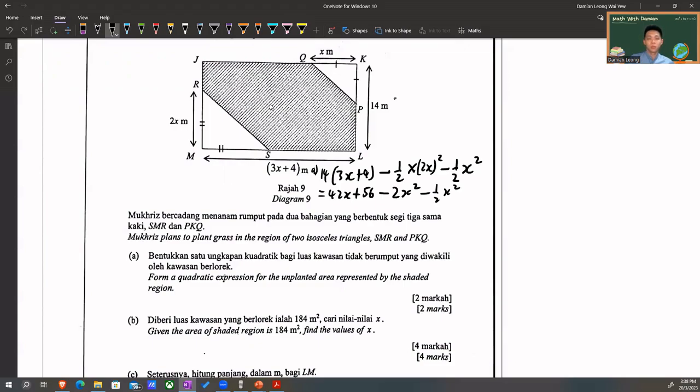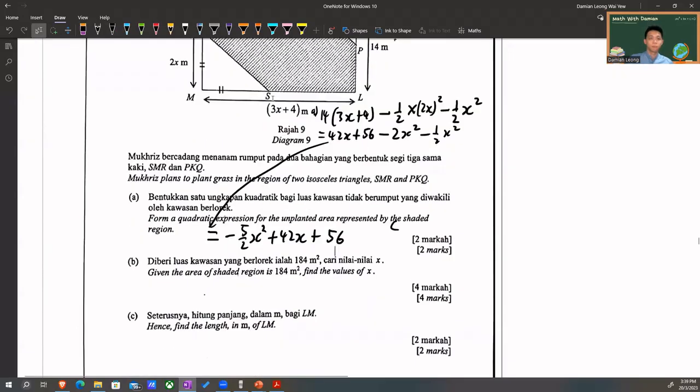Then it will end up, yeah, let's continue here. -2 minus half, -5/2 x squared, then plus the 42x and plus 56. There we go. That's the expression.